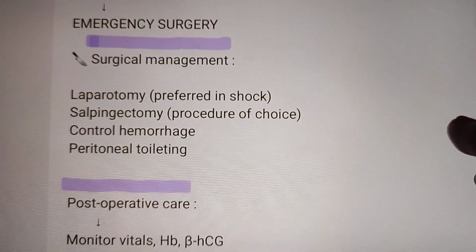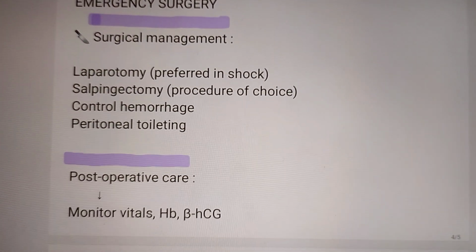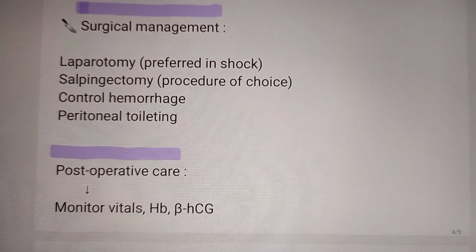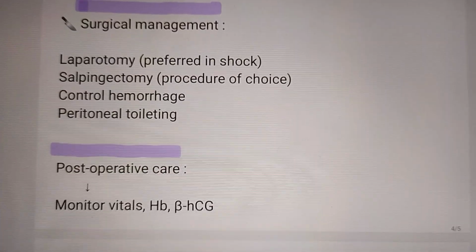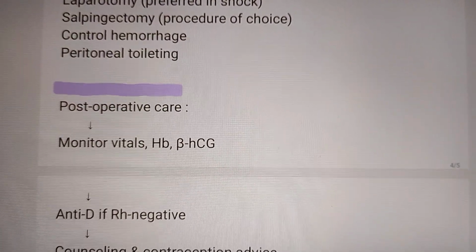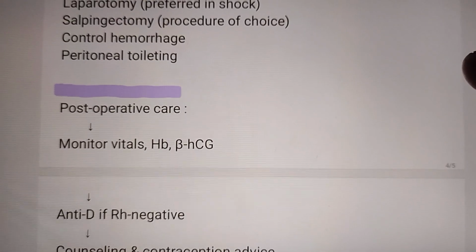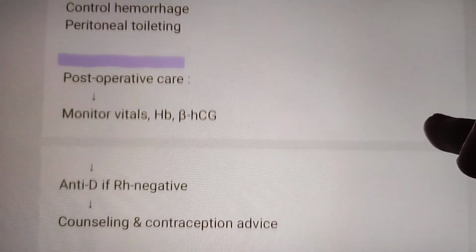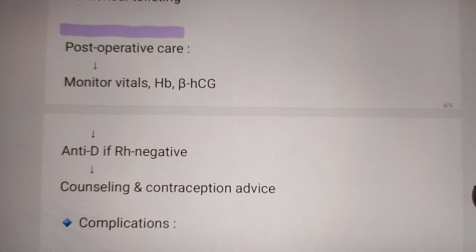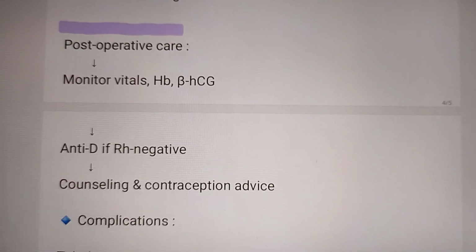In emergency surgery, we prefer salpingectomy, meaning removal of the tube which is damaged. Then we do blood transfusion, control the hemorrhage and peritoneal toileting. After that, we do post-operative care.